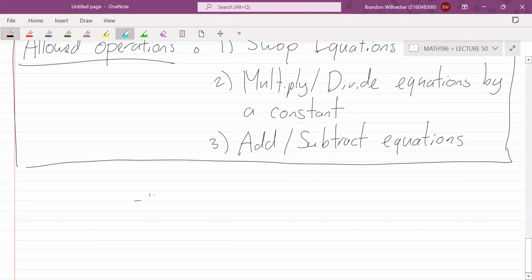Let's say we have minus 2x plus y is equal to 0, and we have 3x minus y is equal to minus 1. Okay, so remember what we want. We want x by itself in the first equation, and we want y by itself in the second equation.